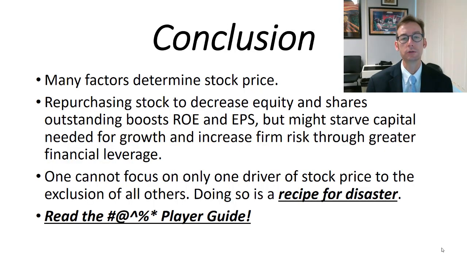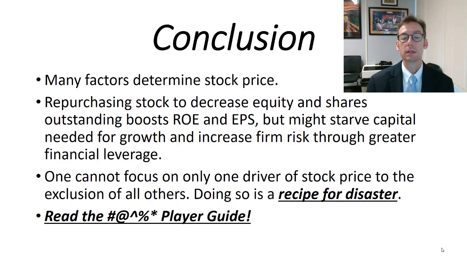So what's our conclusion? There are many factors that determine the stock price. Do not get focused on one to the exclusion of all others. One thing I see students do is to repurchase stock to decrease their equity and the number of shares outstanding.